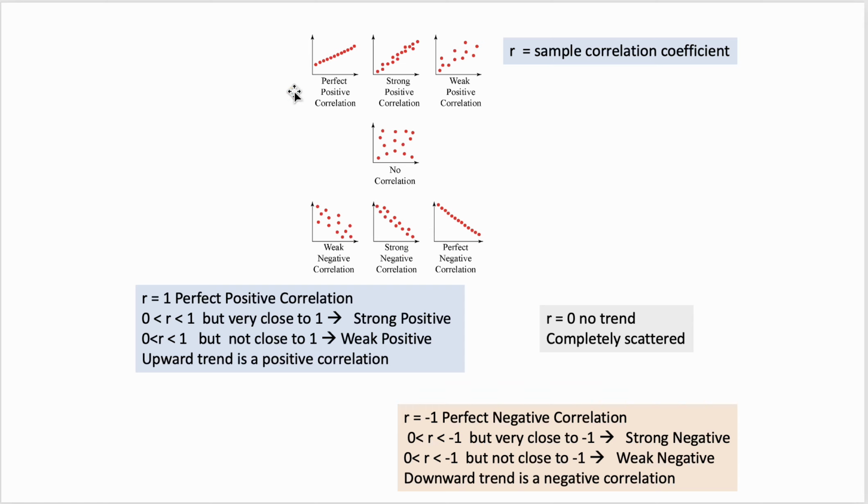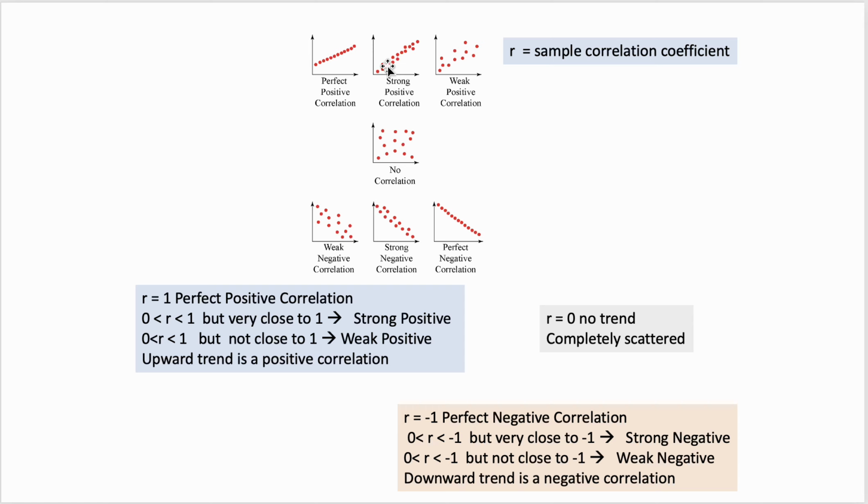Let's look at the positive correlations first. This is a perfect positive correlation. If you were to fit a straight line to this data, all the data points would be exactly on the line, and it would have a positive slope.